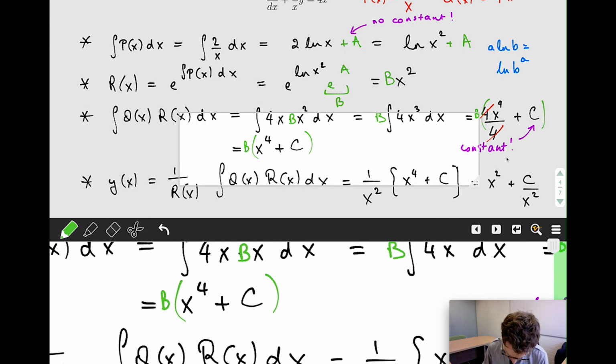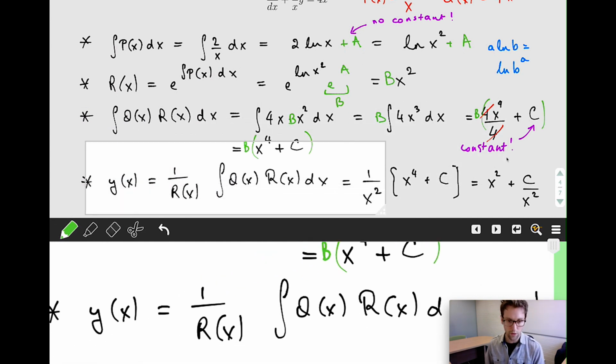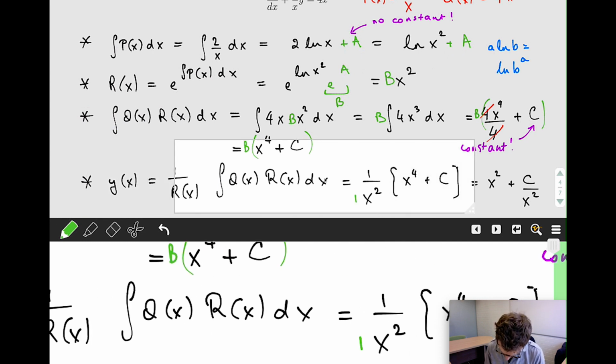Now let's see what happens to my final answer. So I've got 1 over r of x, so I have to include a factor of b there, and I've got the integral, which has another factor of b. So I've got a factor of b on the bottom, and I've got a factor of b on the top, and those two factors exactly cancel out. And that will always happen.